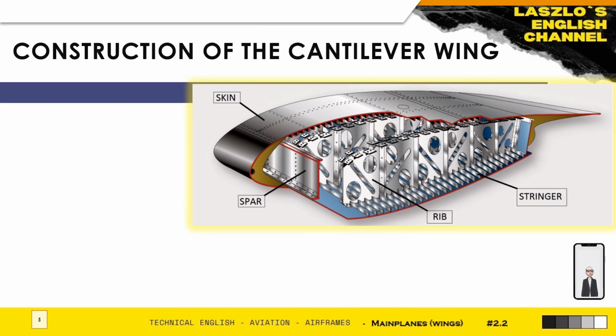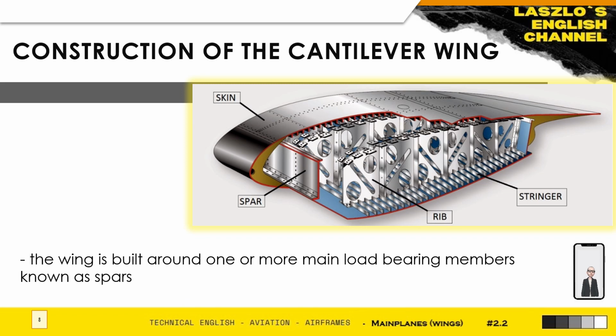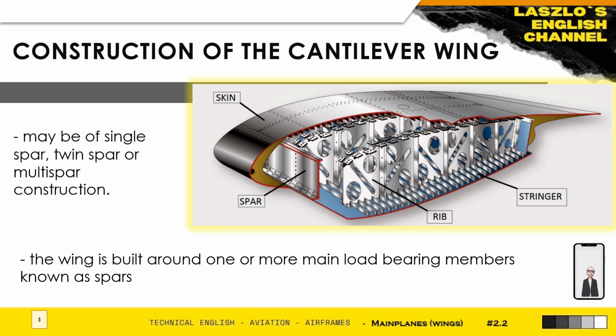The load-bearing ability of a cantilever wing is achieved by building the wing around one or more main load-bearing members known as spars. Okay, these spars are constructed so that they will absorb the downwards bending stresses when on the ground and the upwards, rearwards and twisting stresses when in flight.